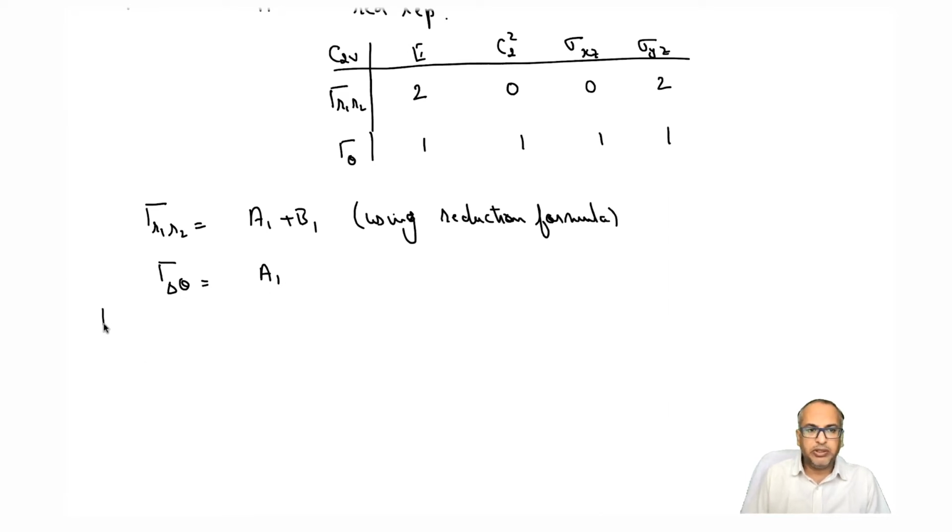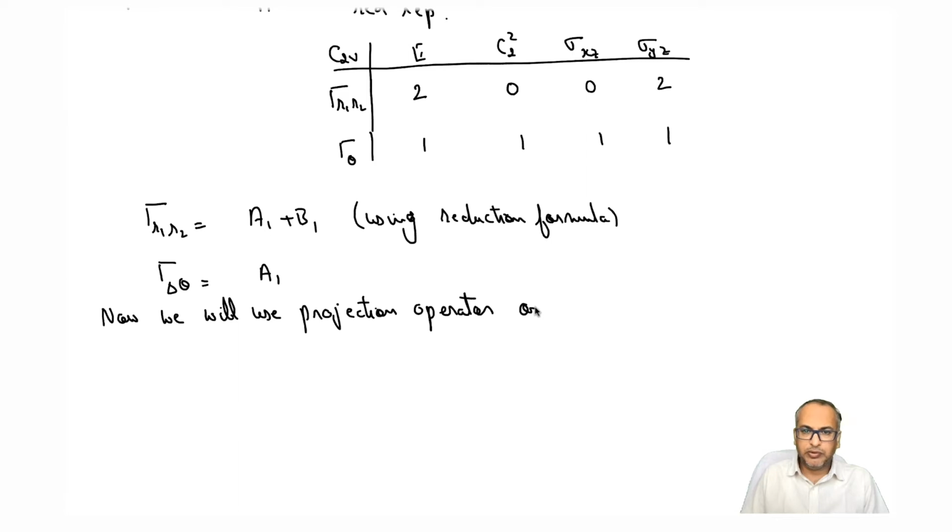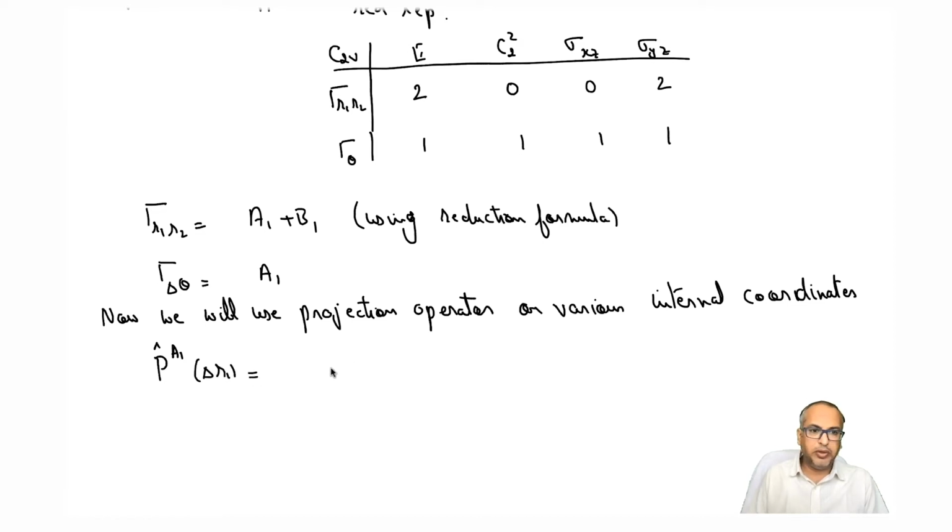Now we will use the projection operator on the various internal coordinates. So we will do the projection of A1 onto delta R1. I'm sure you all know how to calculate this.